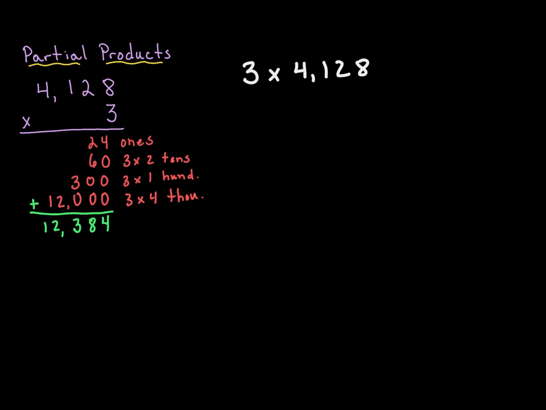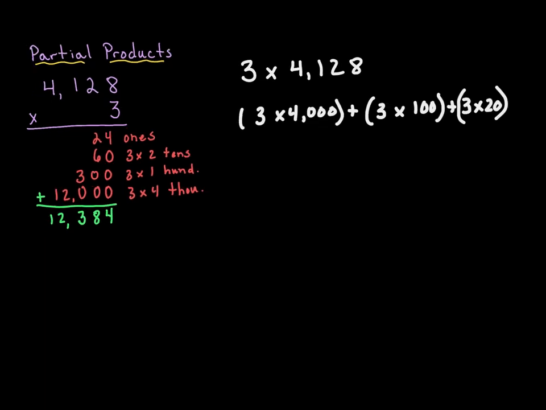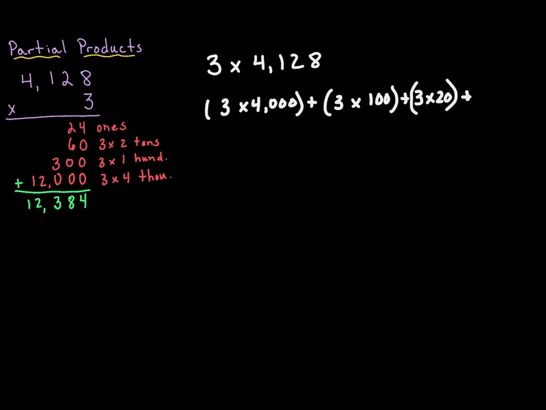Now we can continue on by showing another method, which is the break apart, the funnel way, which I know you guys love. And we're going to distribute that 3 to each one of those values. So we've got 3 times 4,000 plus 3 times 100 plus 3 times 20 plus 3 times 8.